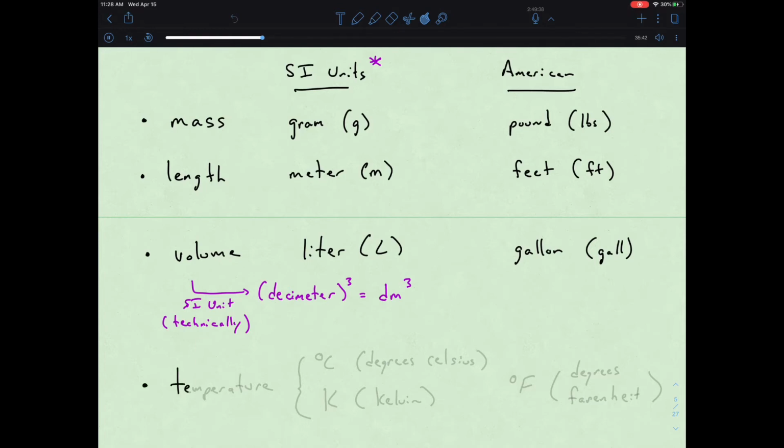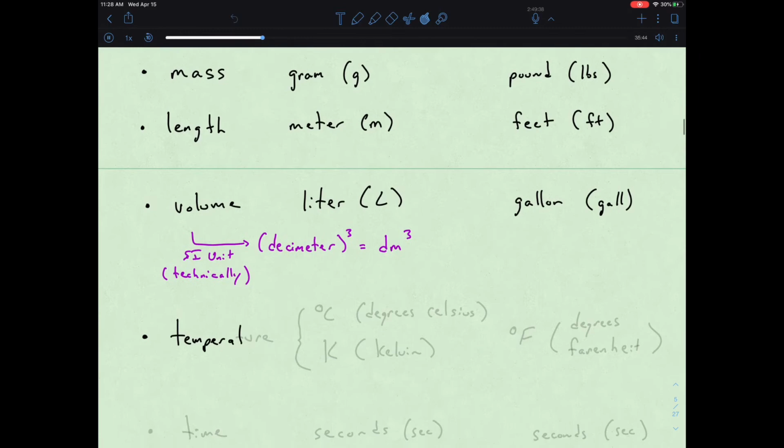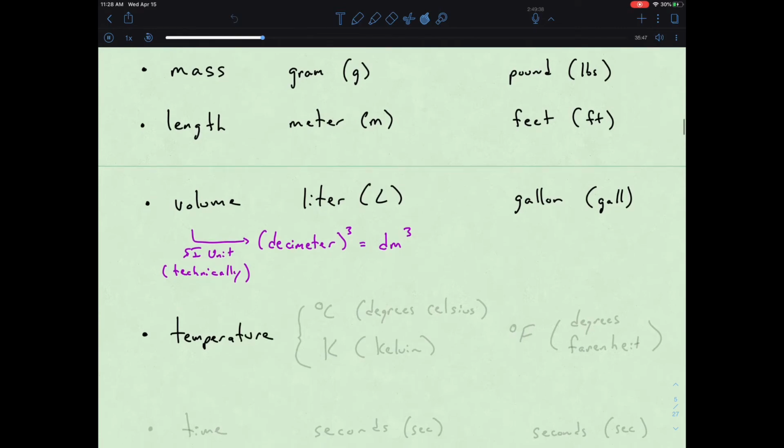We can also describe matter in terms of temperature. And with temperature, we actually have two. In terms of SI, we have degrees Celsius, and we have Kelvin.